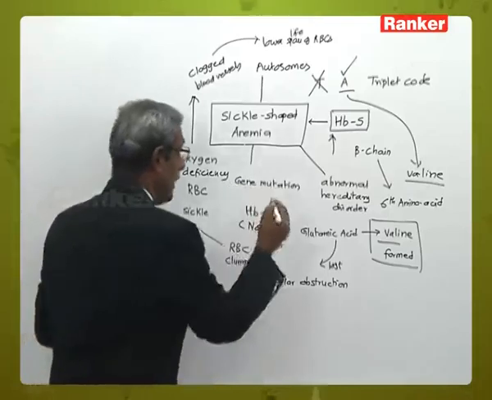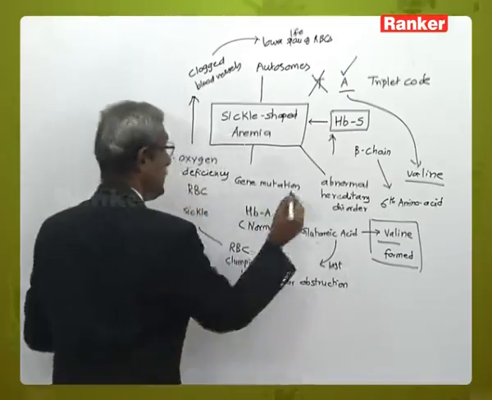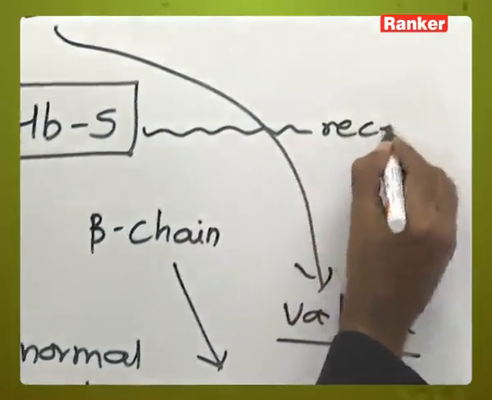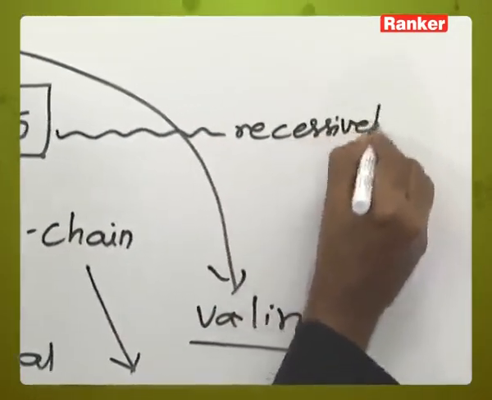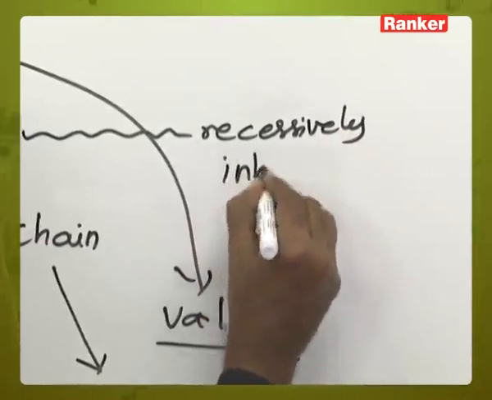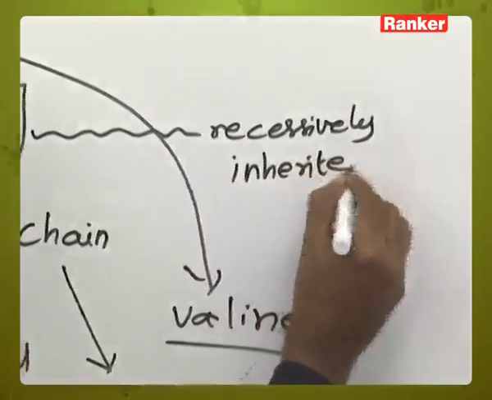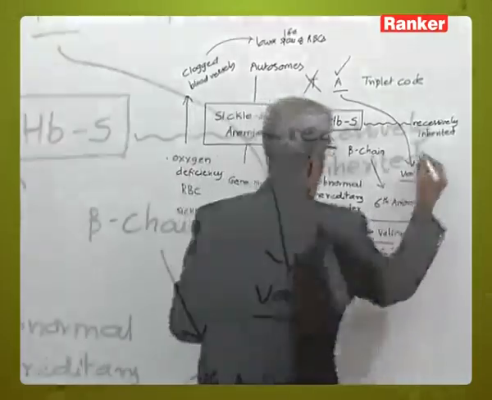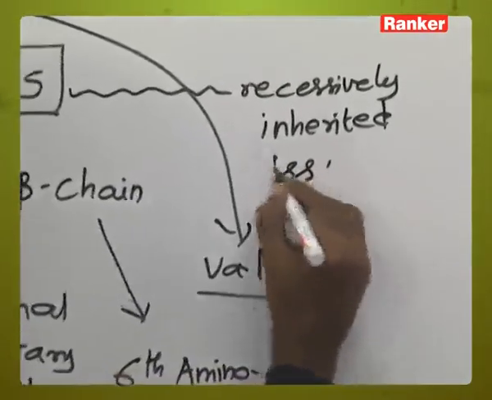So hemoglobin S, HbS, is recessively inherited, and it is inherited in the homozygous condition.